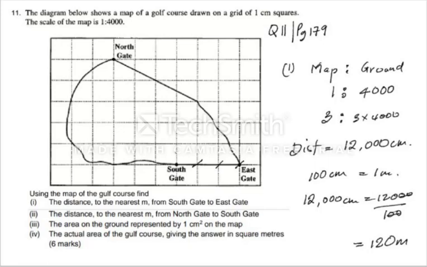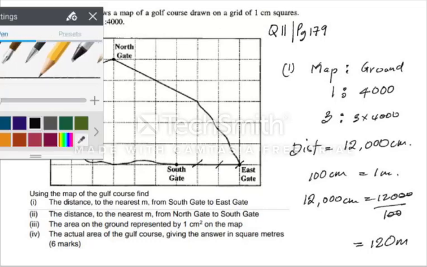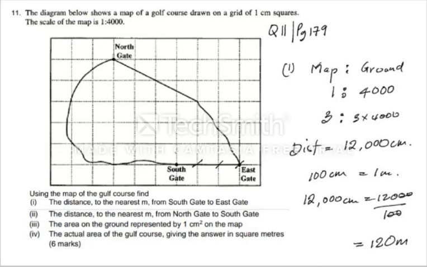All right. The second thing we need to do is get the distance to the nearest meter from north gate to south gate. So here is north gate, and here is south gate. Let's just do a little bit of Pythagoras theorem.